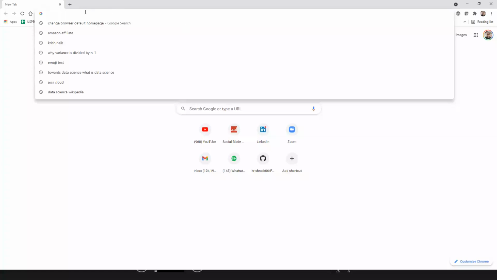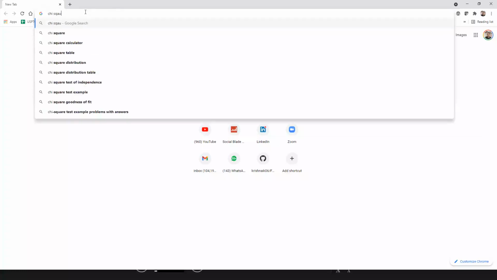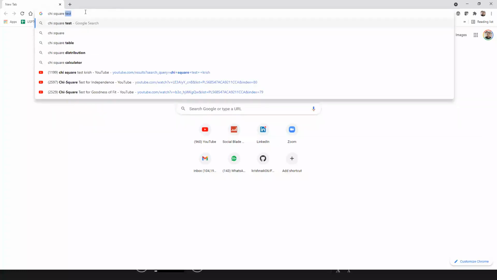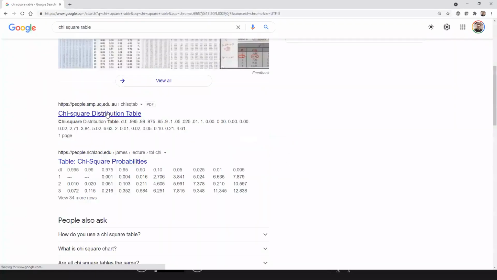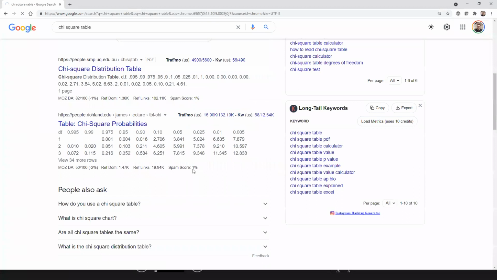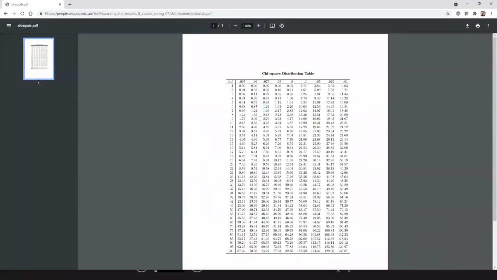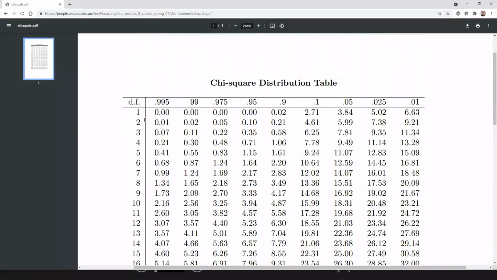Okay, chi-square table. So go to the chi-square table. What is the degree of freedom, guys? See, the degree of freedom is nothing but 2 along with 0.05 significance value.